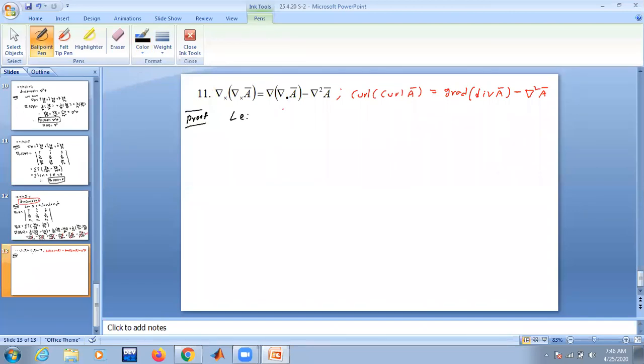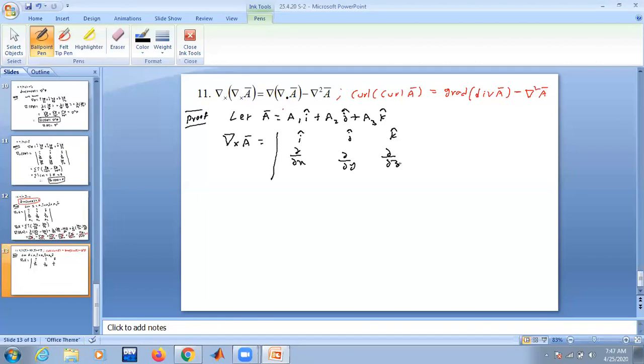Okay, so let A bar equal A1 I bar plus A2 J bar plus A3 K bar. Then what is curl A bar? Curl A bar is the determinant of I, J, K, dou by dou x, dou by dou y, dou by dou z, and the first, second and third components.